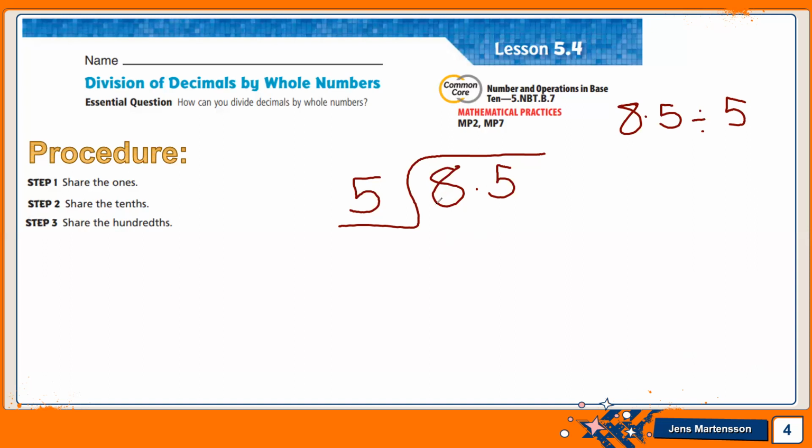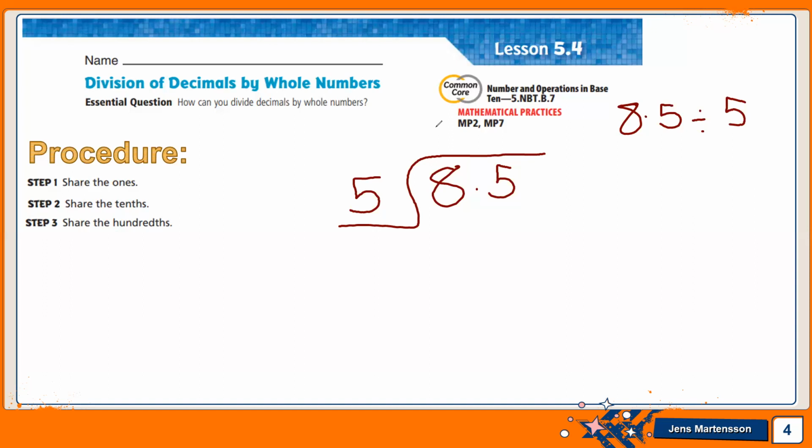Now, girls, I want you please to focus with me, stay with me step by step. 8 divided by 5. How can I know? Who can tell me? 8 divided by 5.